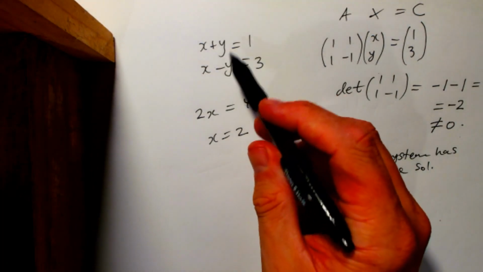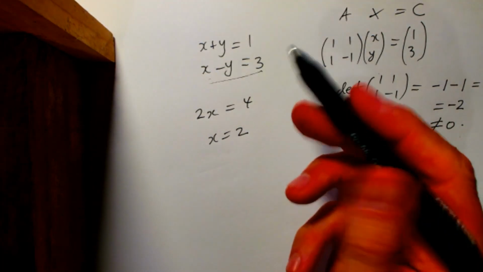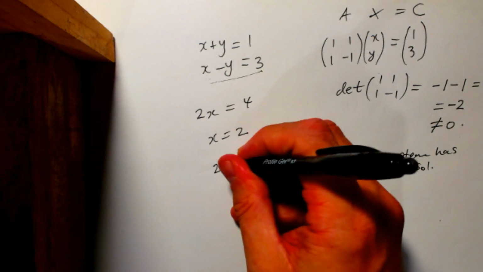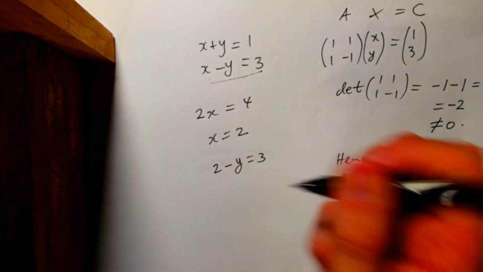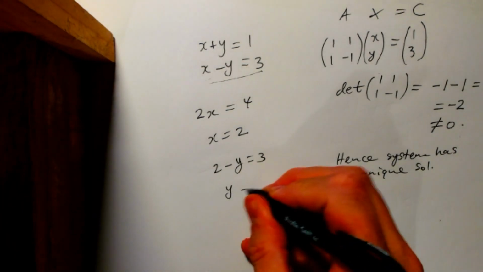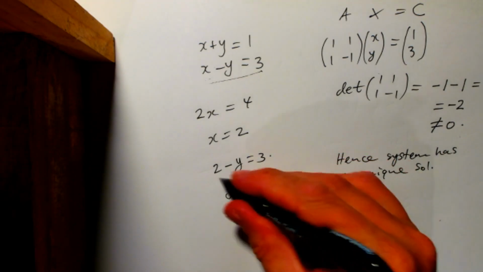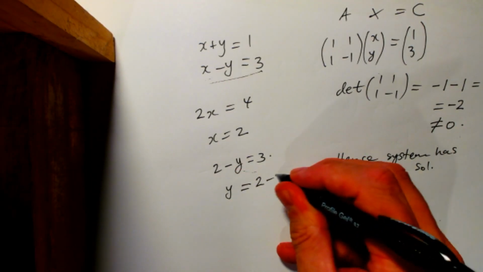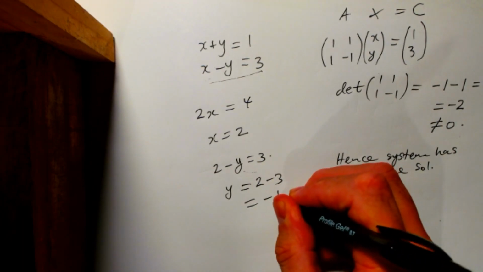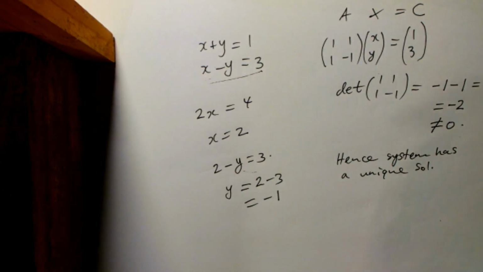Now substituting that back into, say, the second equation, you have 2 minus y equals 3. And so y is equal to, taking the 3 over to the left, 2 minus 3, which is minus 1. Okay, now we could check, right?